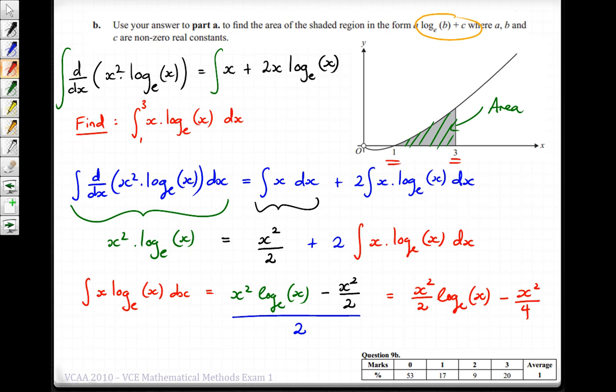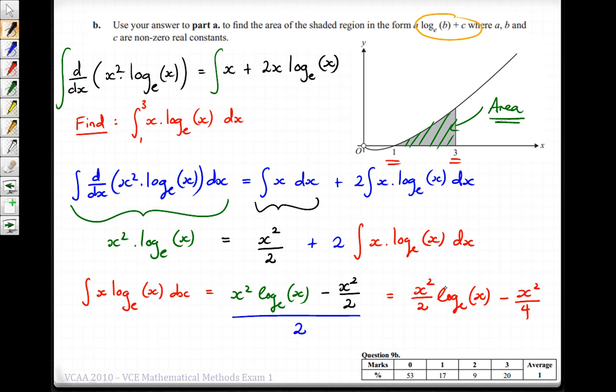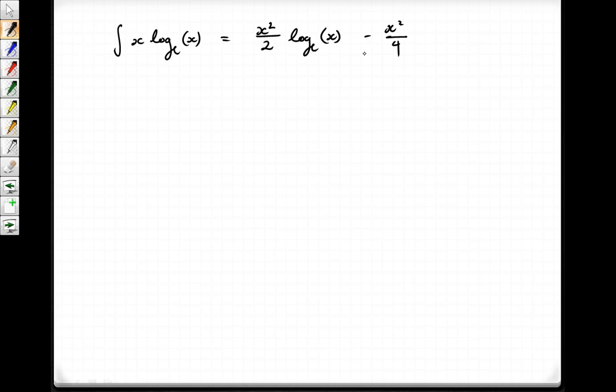So now with this result, we can use our fundamental theorem of integral calculus to work out the area. And that's the whole point of doing this question. The result that we had was that the integral of x log e of x was equal to x squared on 2 log e of x minus x squared on 4. Sorry, I said plus at first, but that was a minus x squared on 4.